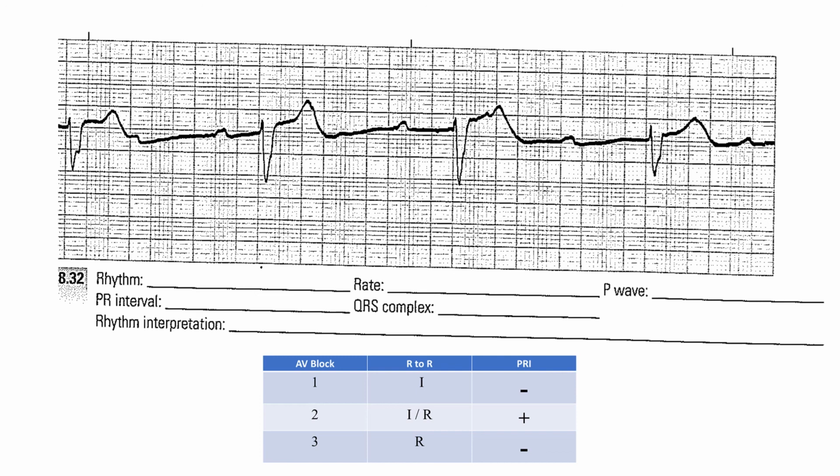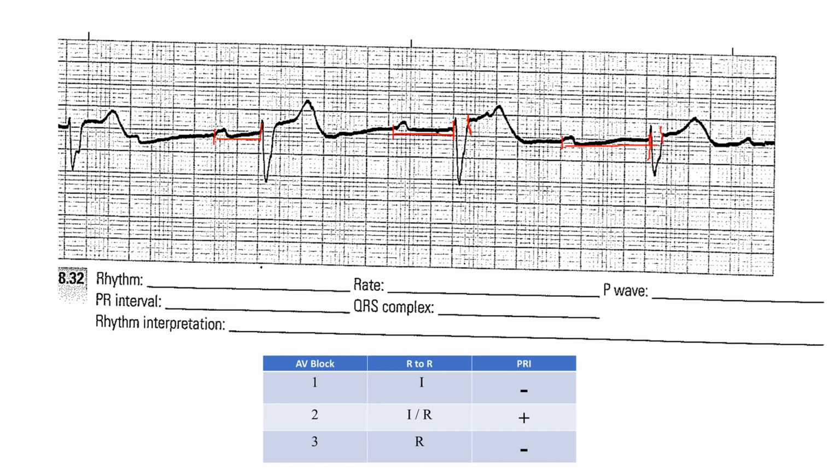Your PRIs are all over the place. If you're measuring your PRIs, they're not connecting. They're not constant. So your PR is not constant. Your QRSs are wide. It looks like about maybe 3 to 4 boxes. So your QRS is wide.